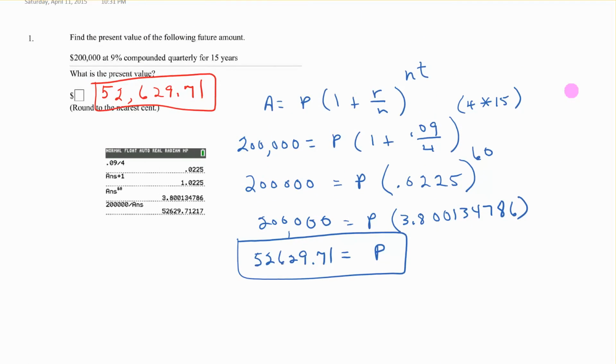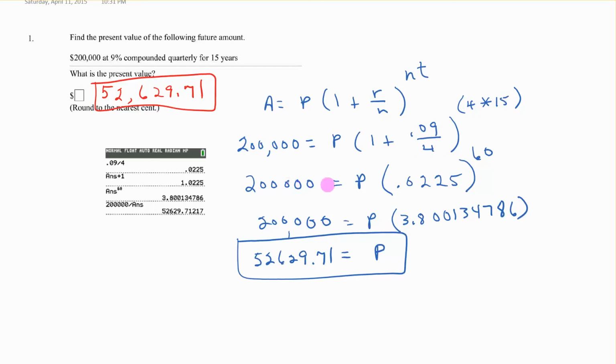Find the present value of the following future amount. So we're given $200,000 what we're going to end up with, and we're trying to solve for P. So plug in everything that you have. This is 0.09. We're quarterly, so we're over 4 raised to the 4 times 15.